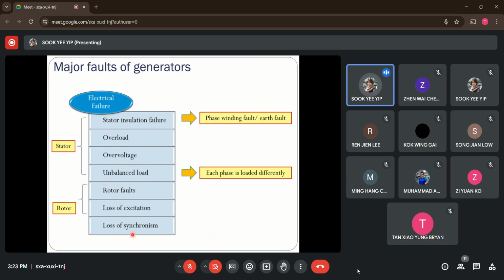The last one here is the abnormal operation of generators, whereby we have loss of synchronism for the generators in the power plant. It becomes out of step. It no longer works at 50 hertz or 60 hertz due to disturbance coming from the power system network. So these are all the possible problems that you can observe for generators that occur electrically.